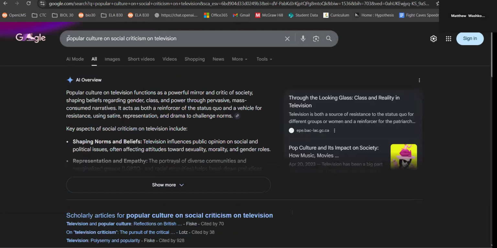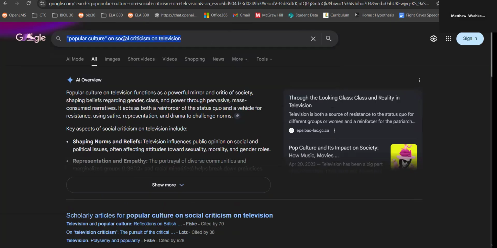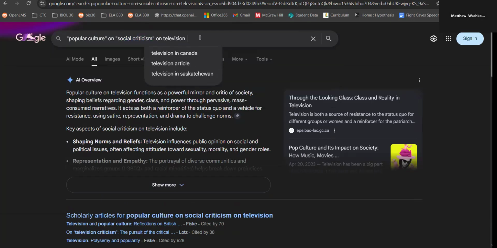Now you might not know this, but in Google, if I put quotation marks around popular culture, the words popular and culture must be together. If I use this for social criticism, now social and criticism must appear like that. It can't be something like social people criticize. That's not together.